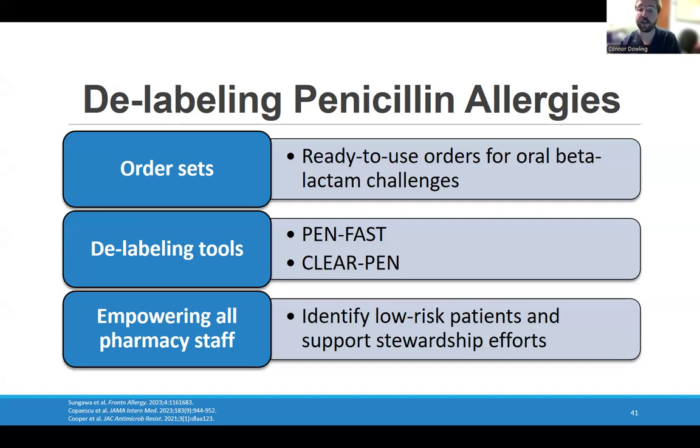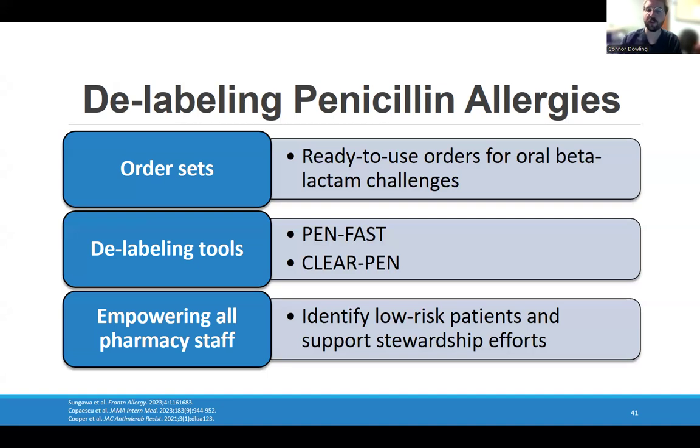Likewise, we can use delabeling tools such as PinFast, which is used outside of Norton Healthcare, as well as our own internal ClearPin protocol, which we can use to help identify and delabel our patients with a history of penicillin allergies. Likewise, we can empower all pharmacy staff to have this education or understanding of cross-reactivity with beta-lactams and their side chains, and how similar and dissimilar side chains can increase or decrease our risk of cross-reactivity.